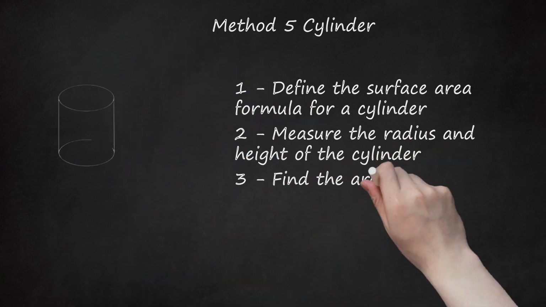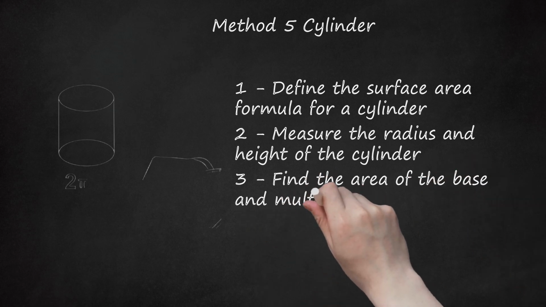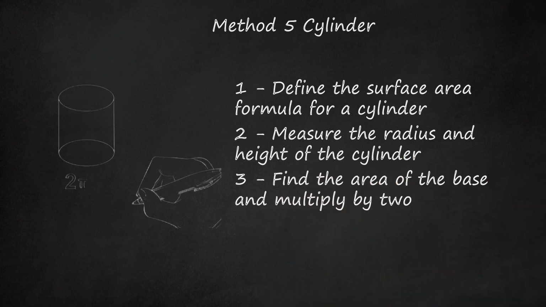3. Find the area of the base and multiply by 2. To find the area of the base, you simply use the formula for the area of a circle, pi * r². To complete the calculation, square the radius and multiply by pi. Multiply by 2 to take into account the second identical circle on the other end of the cylinder.